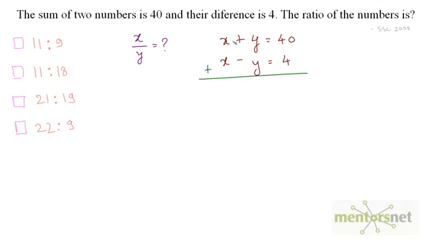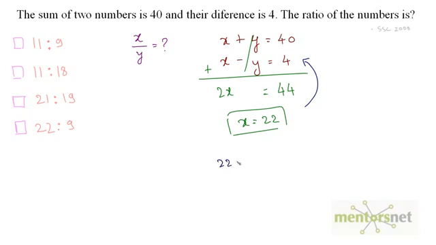If we add these, so x plus x is 2x, plus y minus y gets cancelled out, is equal to 40 plus 4 is 44. So x is equal to 44 by 2, which is 22. So we have the value of x. Now find out the value of y. Let us put x into equation number 2.